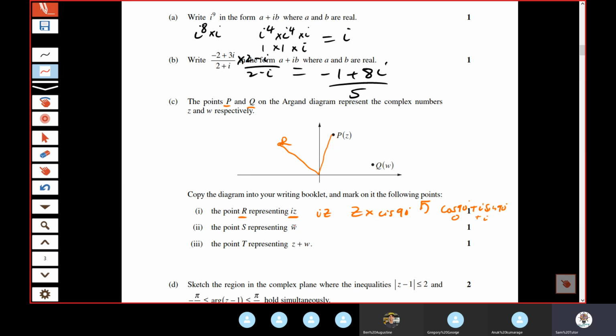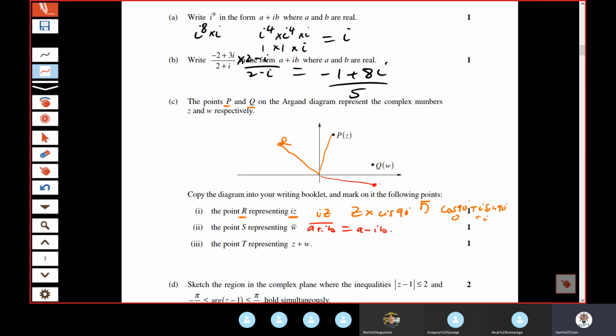What does that line mean on the top? Conjugate. So what does that mean about your conjugate? Well, if it was a plus ib, what's the conjugate of a plus ib? So where would that be? If that's a plus ib, where would a minus ib be?